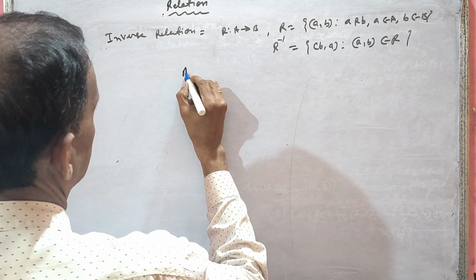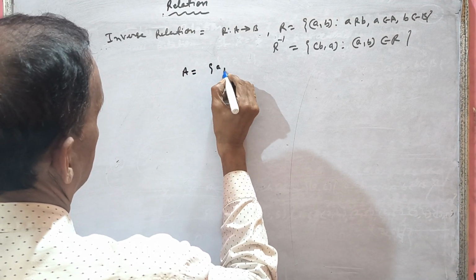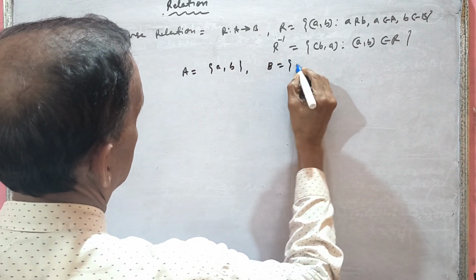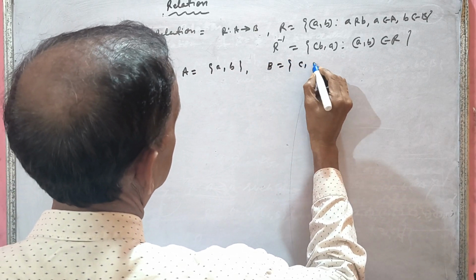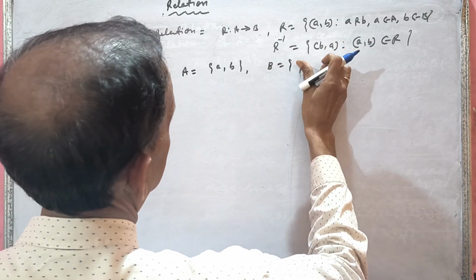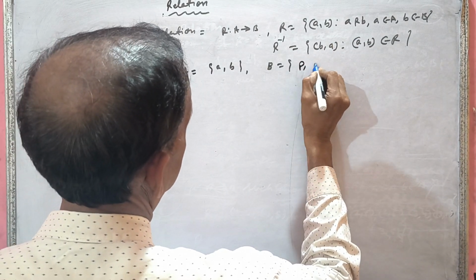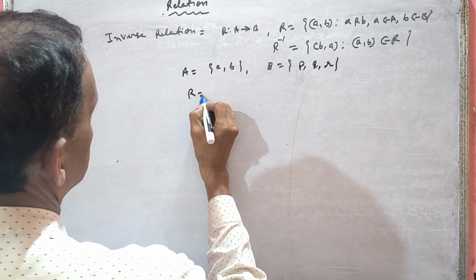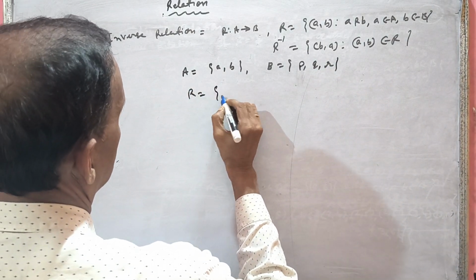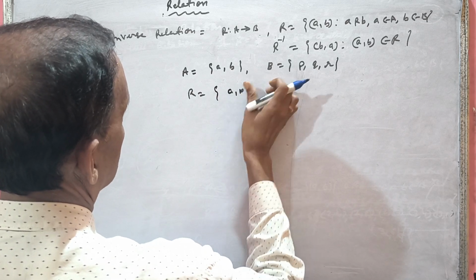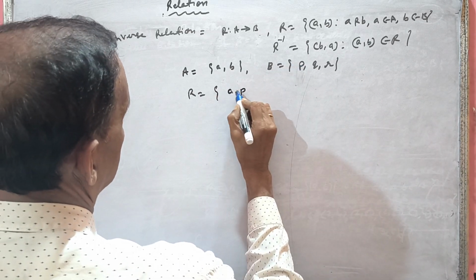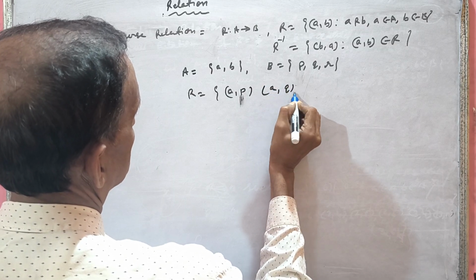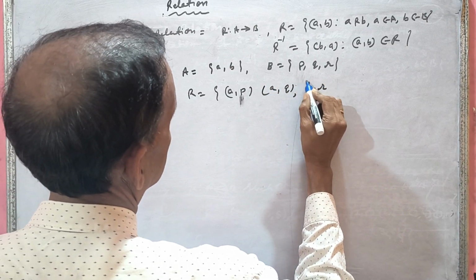See one example. Suppose A is a set with the elements a, b, and B is a set with the elements p, q, r, anything you can write. Then R is a relation from A to B such that R equals {(a,p), (a,q), (b,r)}.